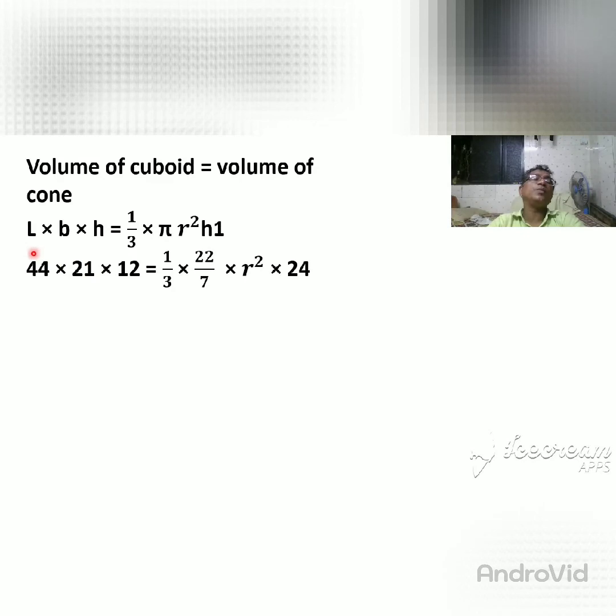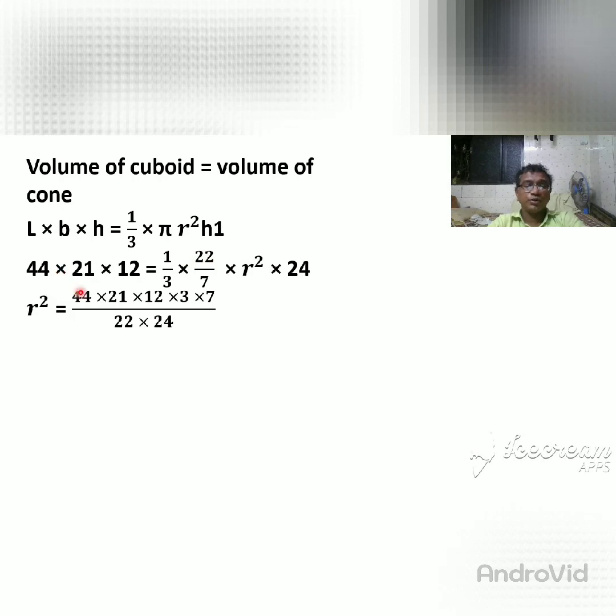Then substitute the values: 44 is length, breadth 21 centimeter, height 12 centimeter, 1 upon 3 remains as it is, pi 22 upon 7, radius we want to find out, so it is r square, h1 24 centimeter. 3 1s are 3, 3 8s are 24, so 8 here. So 28 8s are 176 divided by 7.